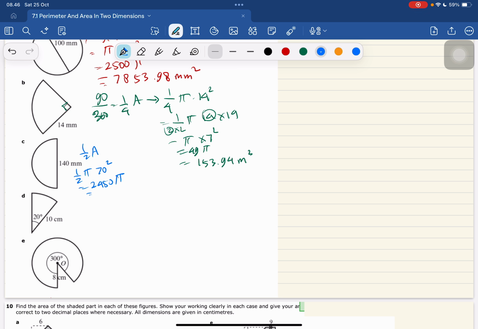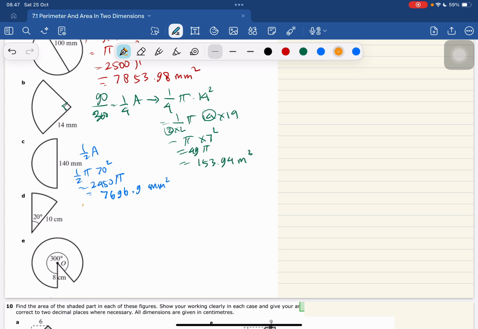We multiply it with pi, 24,500. So this will give us the answer of 7,696.9. This is millimeter square.